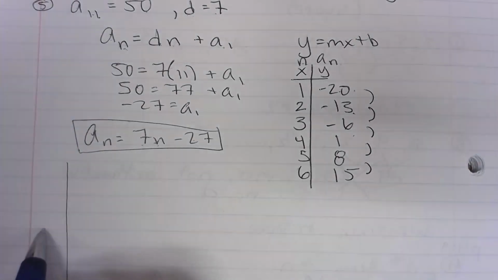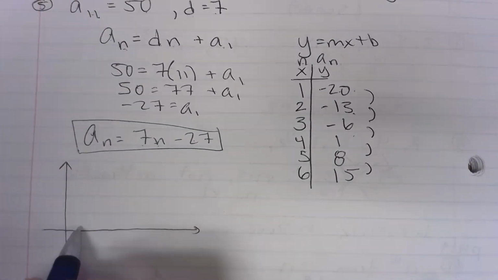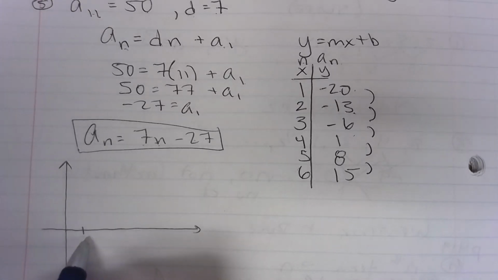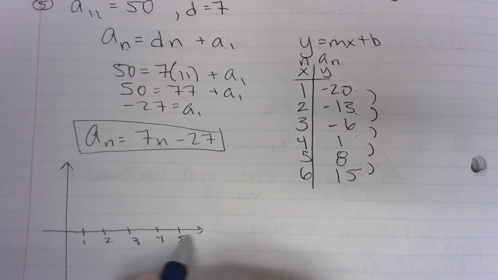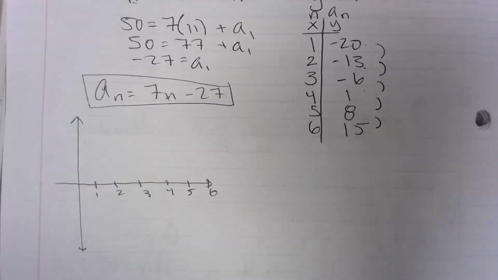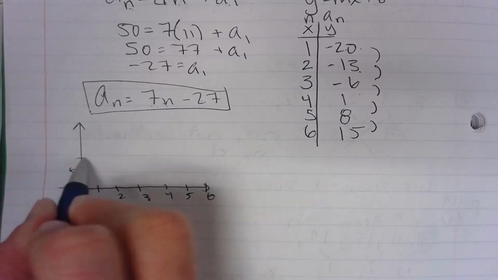Okay, so we'll go ahead and graph. I need some negative numbers on my y-axis, but I don't need them on my x-axis. So 1, 2, and why don't we count by 5s?